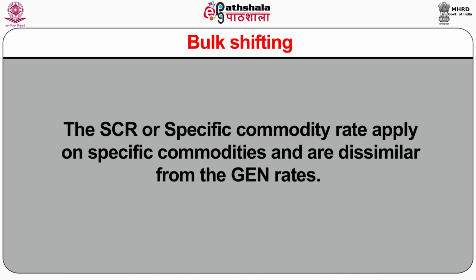The GEN or general commodity rates apply for all the commodities apart from the goods or commodities not accepted for carriage. The SCR or specific commodity rate applies on specific commodities and is dissimilar from the general rates.